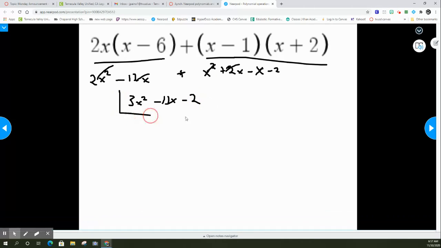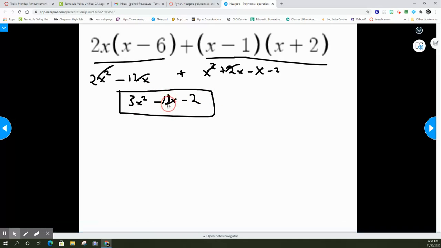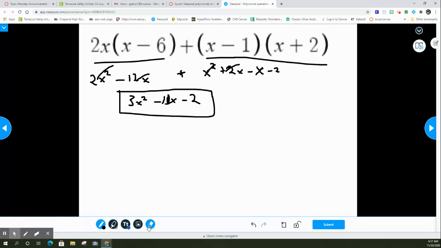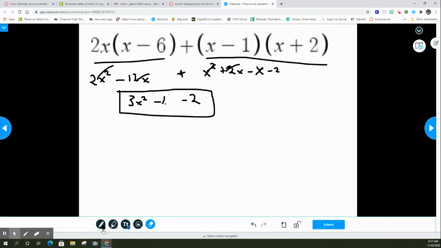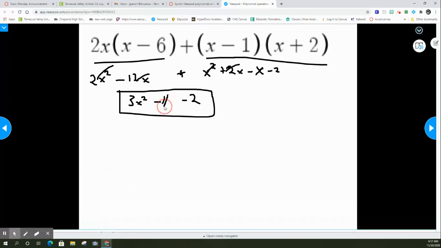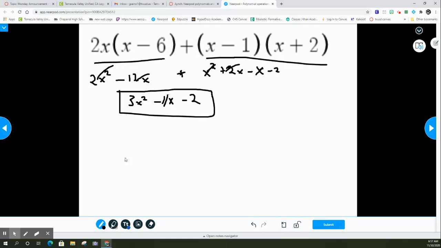All right, so my final answer here is 3x squared minus 11x. Let me erase that. That doesn't look too good. Minus 11x. There you go, minus 2. All right.